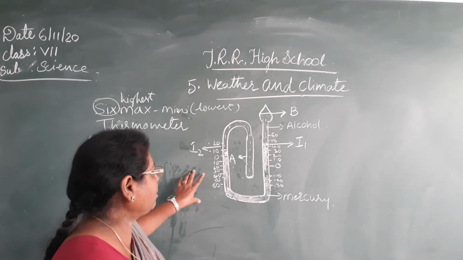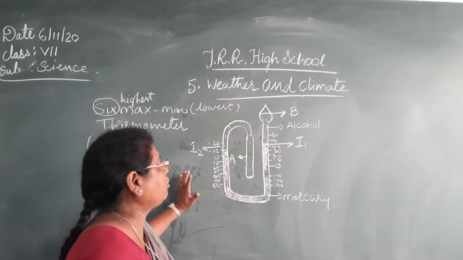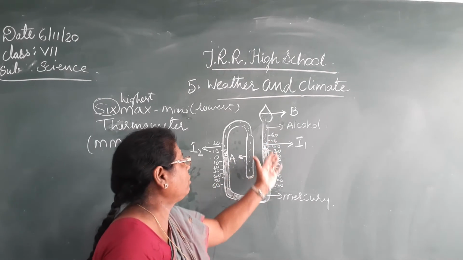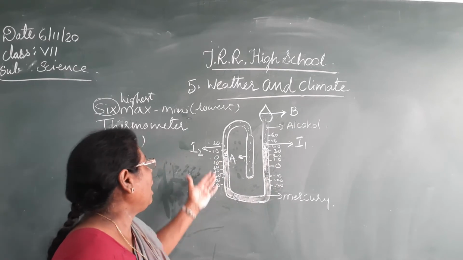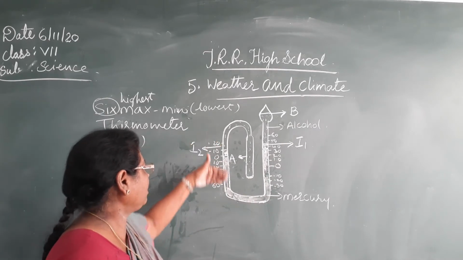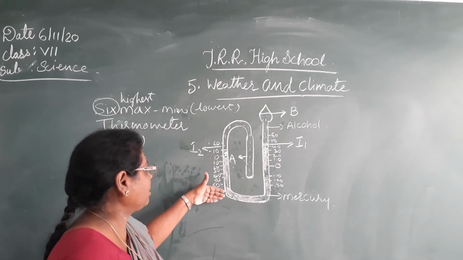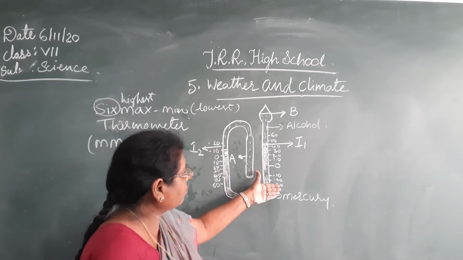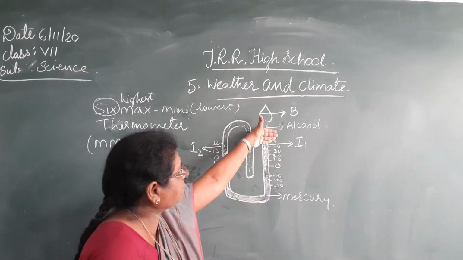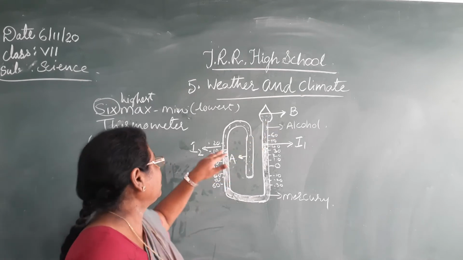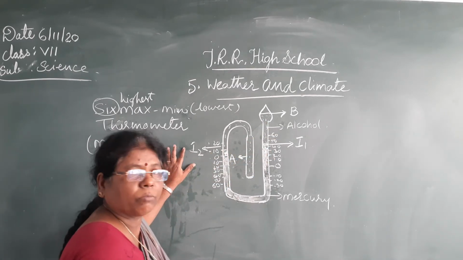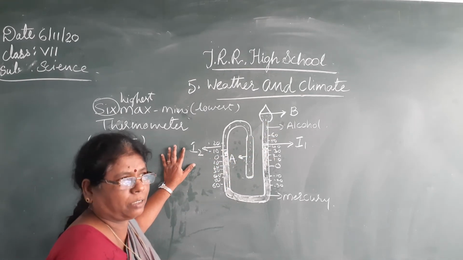On this thermometer you are seeing the readings also. This is the lowest temperature and this is the highest temperature, isn't it? This I1 and I2 are the indicators.